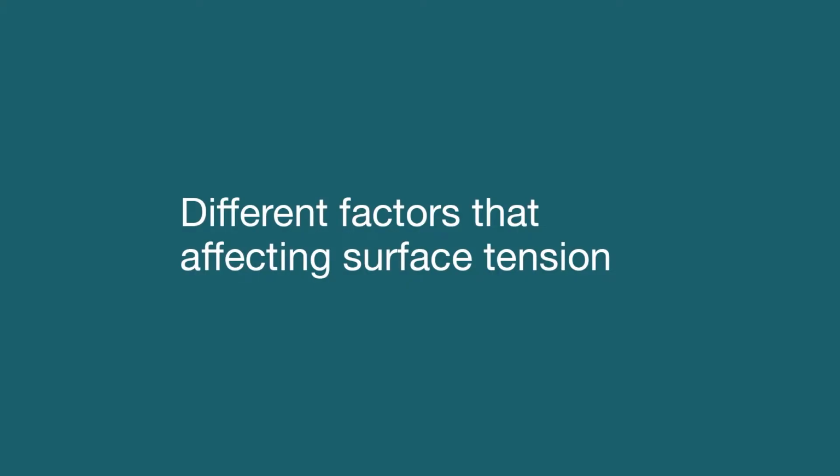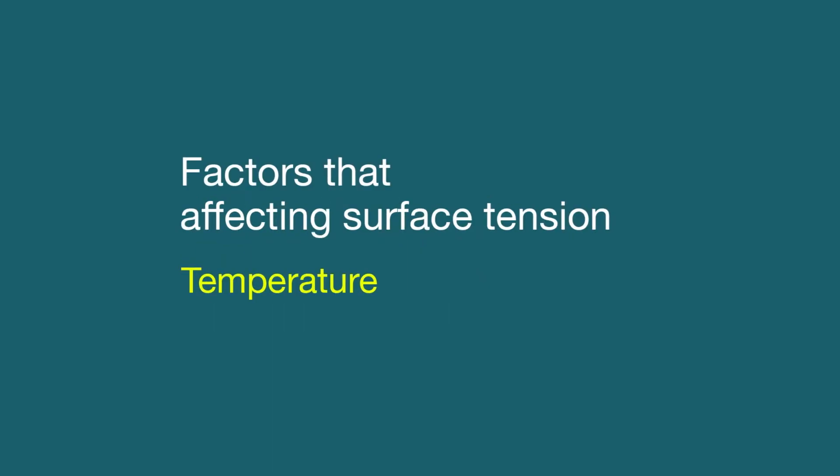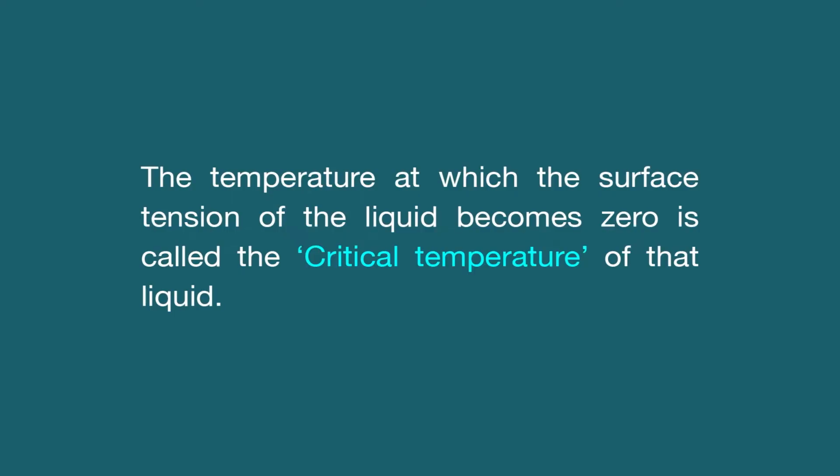Next, I am going to discuss different factors affecting surface tension. The first factor is temperature. As the temperature increases, the kinetic energy of the molecules increases and thereby intermolecular attraction decreases. Hence, surface tension decreases. The temperature at which the surface tension of the liquid becomes 0 is called the critical temperature of that liquid.